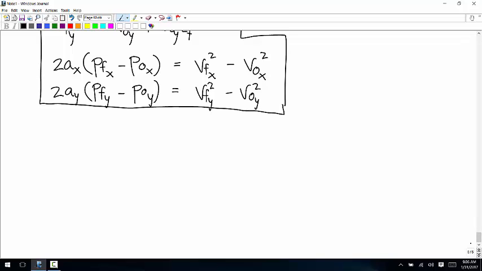And to use these equations, we're going to go through the same steps as with 1D motion.